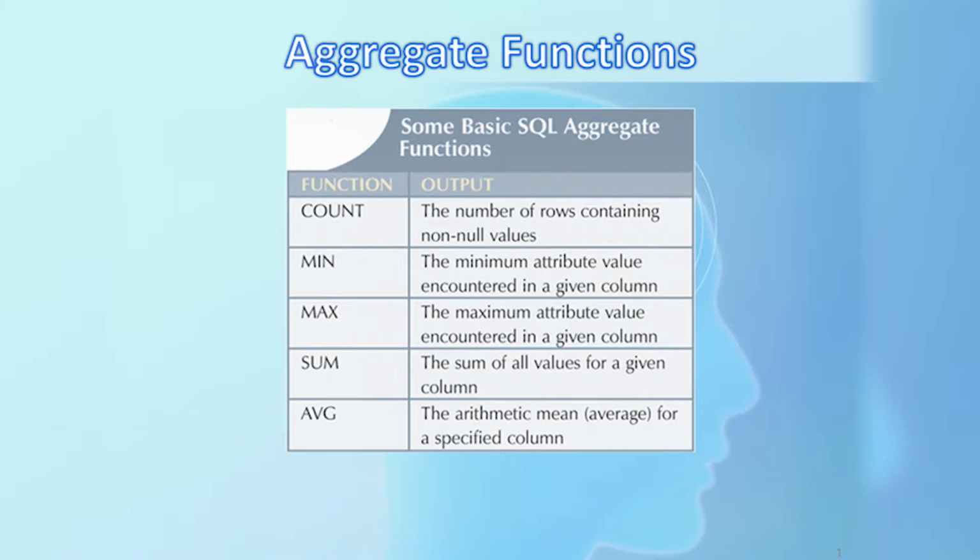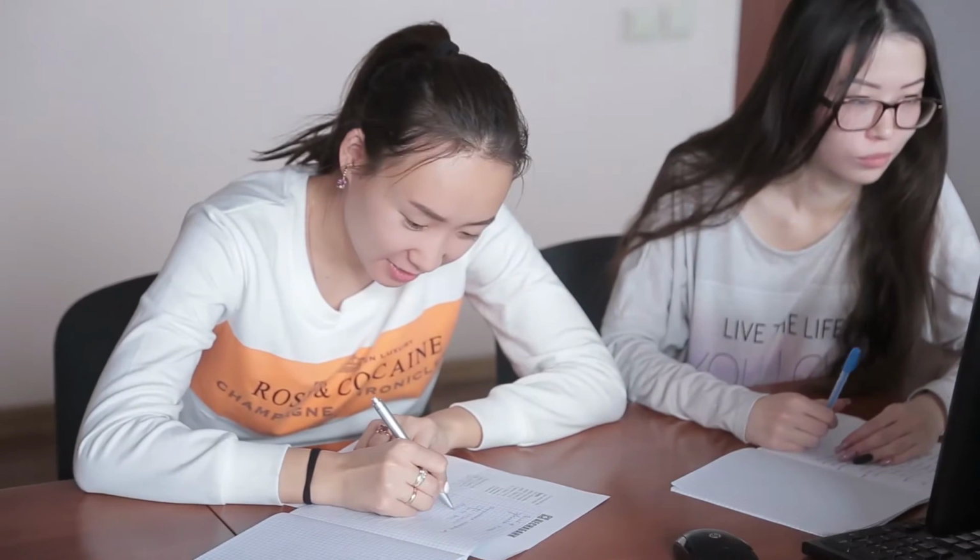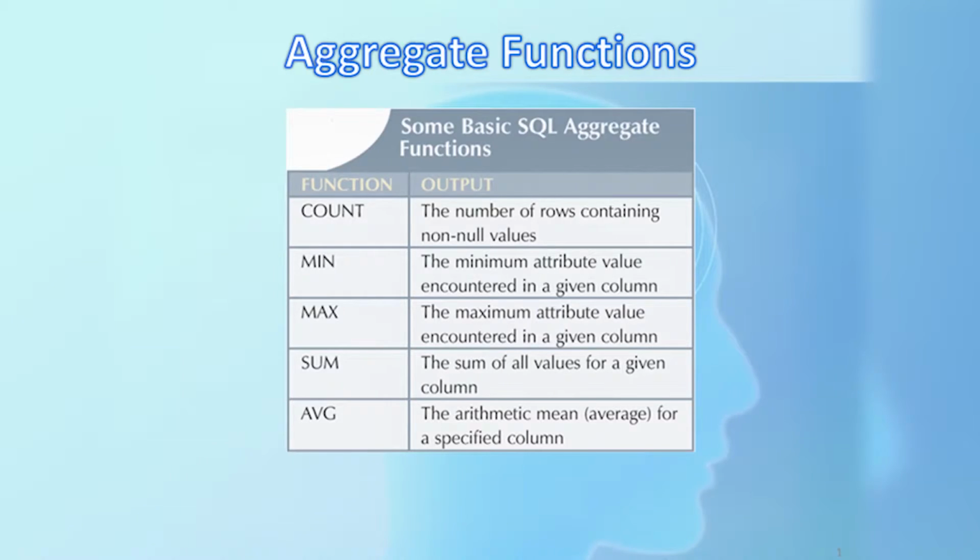Aggregate functions. If you want to calculate something in a query, you can use aggregate functions. There are 5 different functions in SQL. The first one is count, the number of rows containing non-null values.